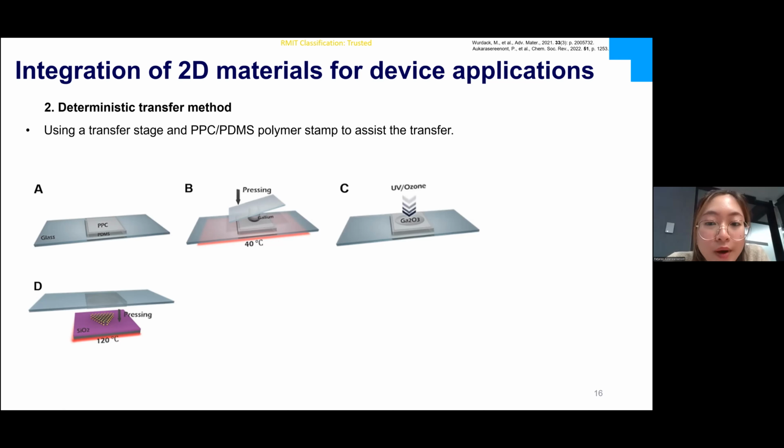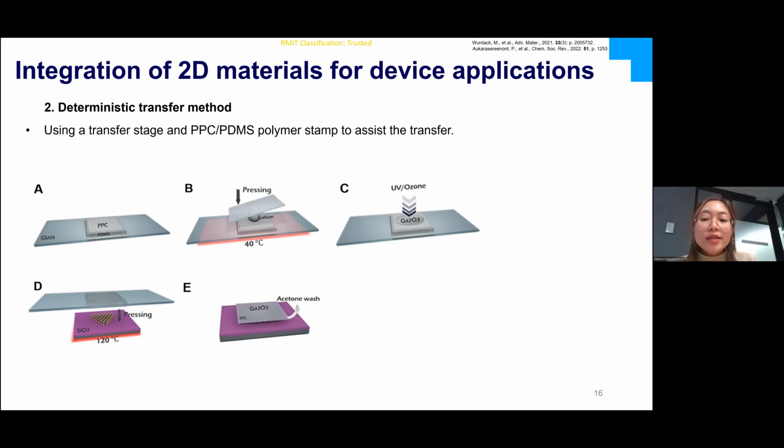Once they are brought in contact, the stage is heated up to 120 degrees C to completely release the PPC layer that has the gallium oxide sheet on top. This temperature is held for roughly 1 minute to completely soften the PPC and make sure the gallium oxide is fully transferred onto the desired area.